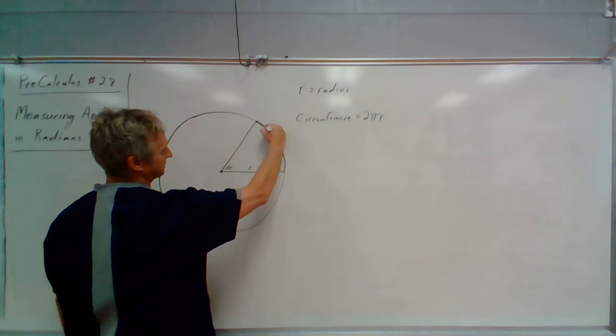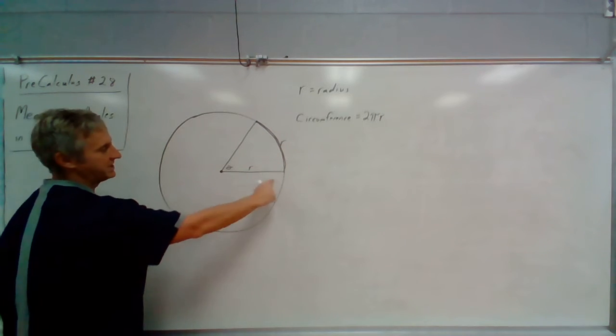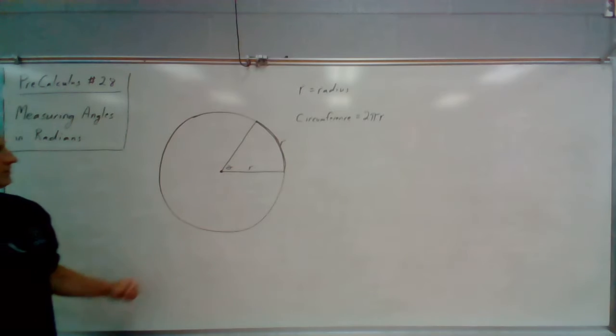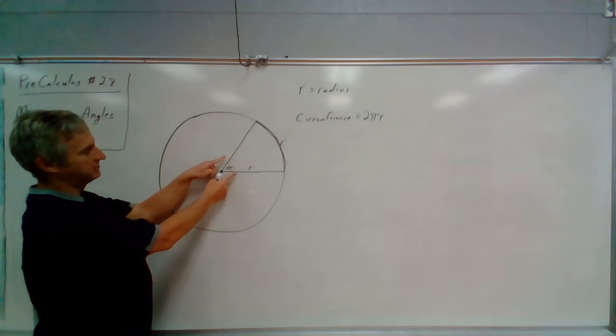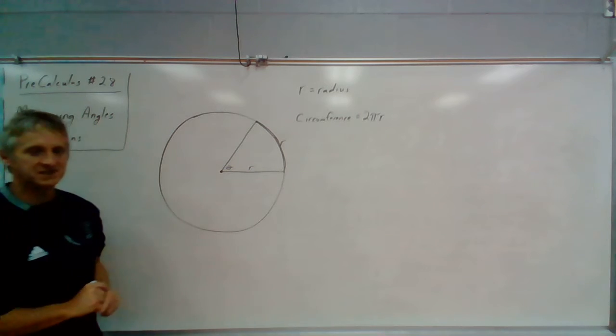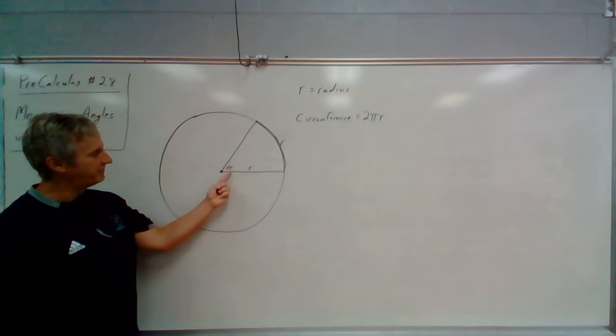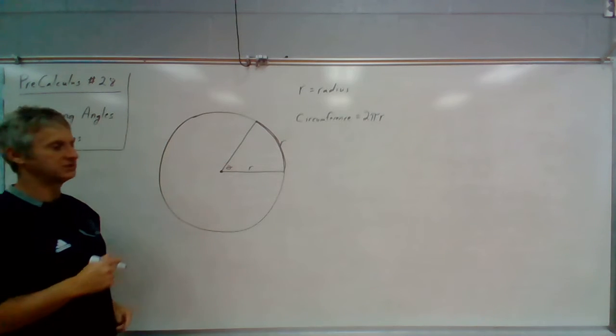Okay. So this distance right here is going to be the same as the radius of the circle. Okay. So however big I need to make this angle, so that this distance is the same as the radius of the circle, is going to be this theta. And the value of this theta is going to be 1 radian.